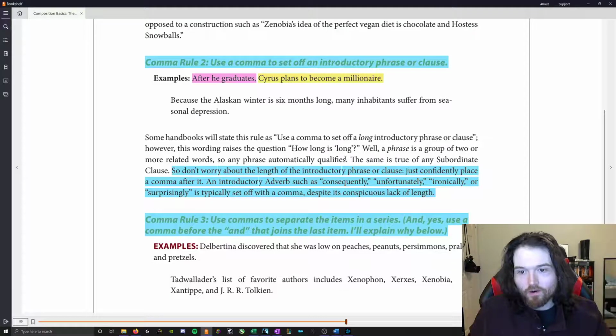So, in other words, a phrase is a group of two or more words. So any phrase automatically qualifies as an introductory clause if it's set off with the proper word usage. So don't worry about the length of the introductory clause. An introductory adverb such as consequently, unfortunately, ironically, or surprisingly is typically set off with a comma, despite its conspicuous lack of length.